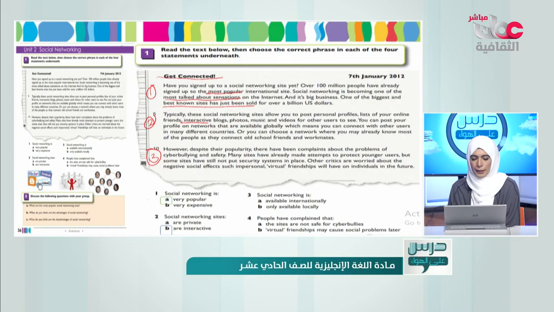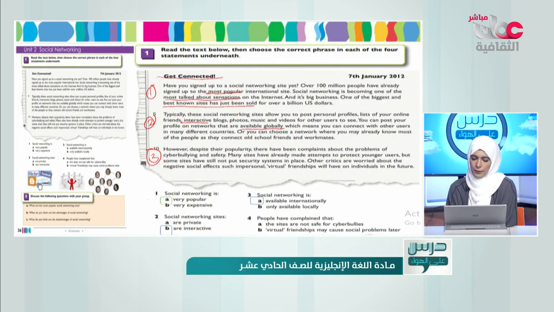Social networking is available internationally or only available locally? What do you think? People can find information in their countries only or around the world? Of course it is internationally, and we can answer the question even without the text, because nowadays people are connected to all the countries around the world, so it should be global. You can find this in paragraph number 3, globally.